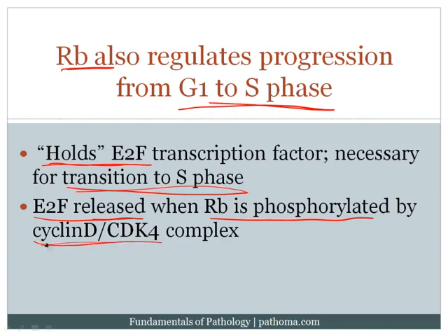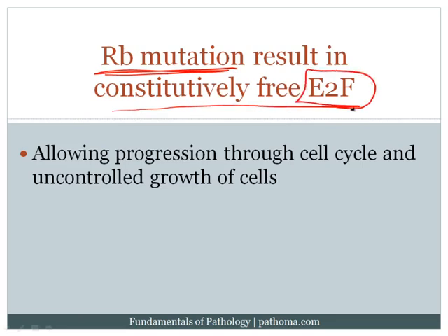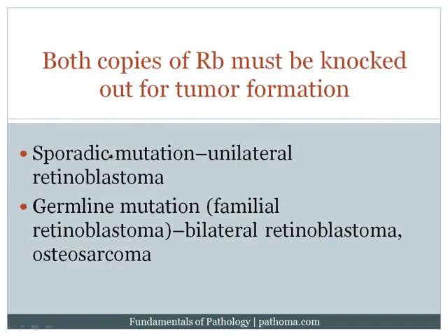Cyclin D CDK4 complex, which has the ability to phosphorylate proteins. If retinoblastoma is mutated, that results in constitutively free E2F. So E2F will be free, and that allows for uncontrolled progression through the cell cycle. So that's the consequence of retinoblastoma mutation.